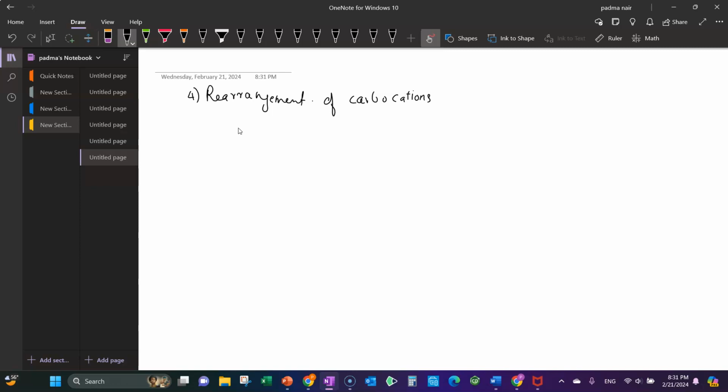One good example would be when I am trying to react benzene with CH3CH2CH2Cl, this is an alkyl halide, and AlCl3 as my Lewis acid. I'm going to take this alkyl halide with 3 carbon atoms.